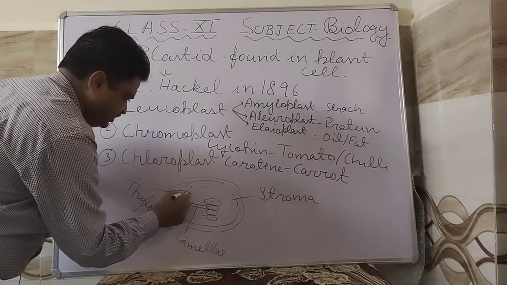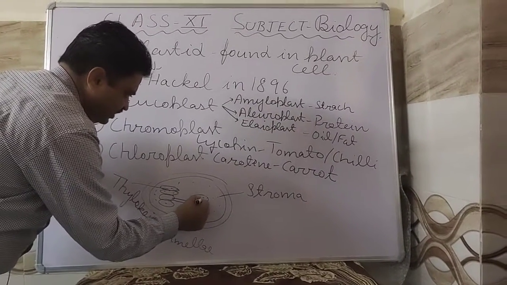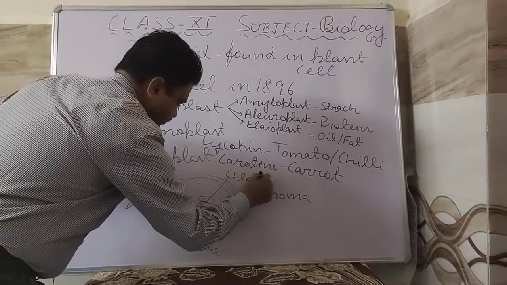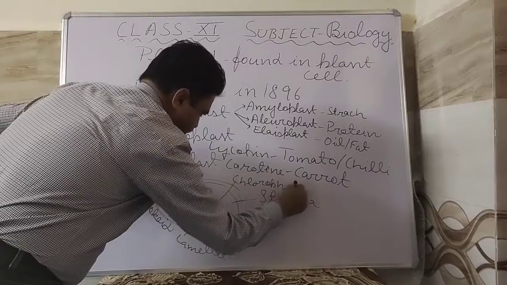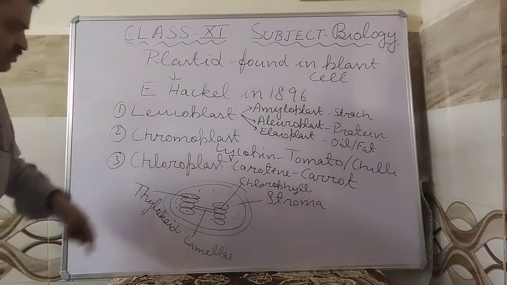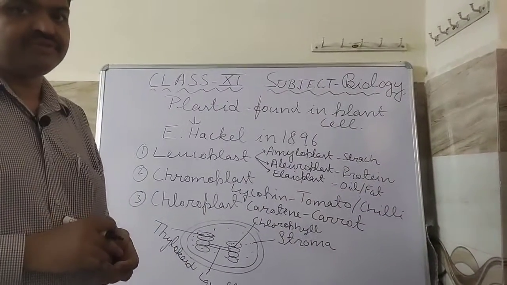And in the thylakoid, particular structures are found that are known as chlorophyll, student. Chlorophyll is the pigment that provides the green color and helps in photosynthesis.